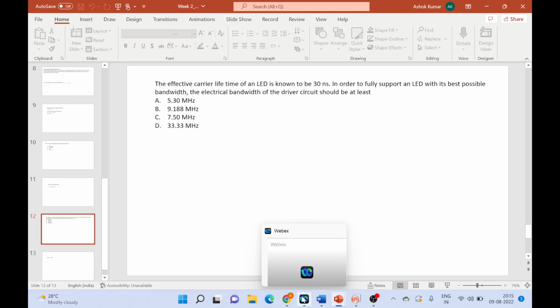Slope efficiency says how much optical power you get divided by current. So it will have a dimension of watt per ampere, and it will capture internal efficiency, external efficiency, and also h mu by q, which will also contribute.